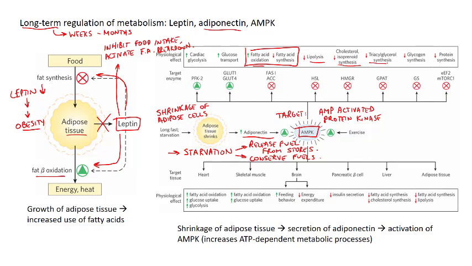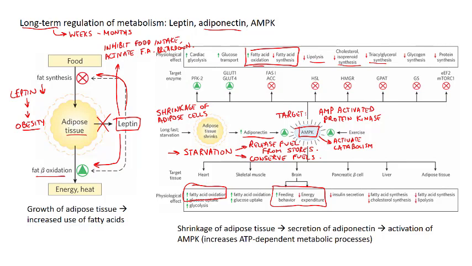Okay? We also, however, have an inhibition of lipid synthesis because once again, we want to conserve our fuels. Furthermore, we have an increase of glucose and fatty acid uptake. We have an increase in feeding behavior and a decrease in energy expenditure. And we have a decrease in insulin secretion because insulin basically undoes everything that adiponectin is trying to do. All right? So basically what we do with AMP kinase is we activate catabolism and inhibit anabolism.